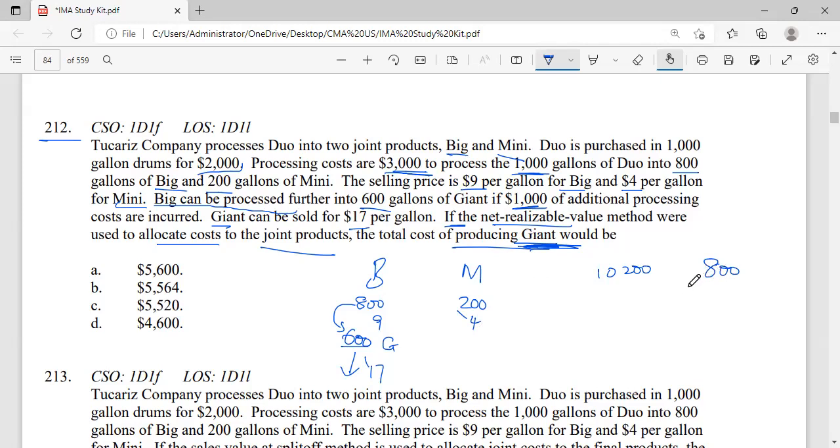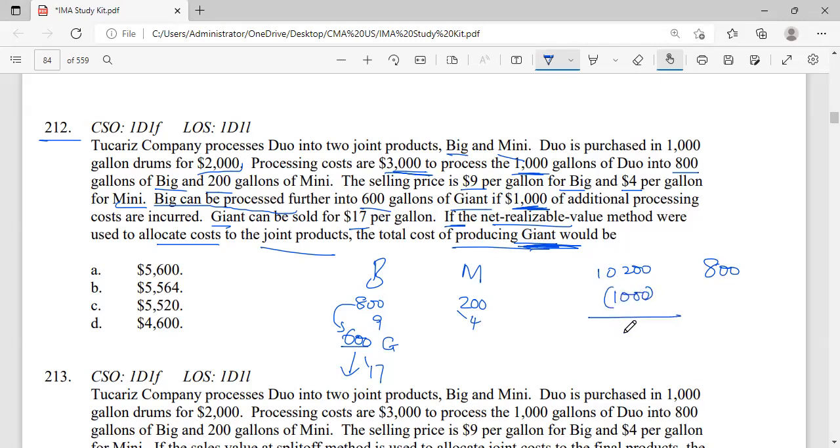Now I need to take into consideration the additional cost which has been incurred, 1,000. So this 1,000 is incurred for which one? For giant only. So 1,000 is the cost incurred.